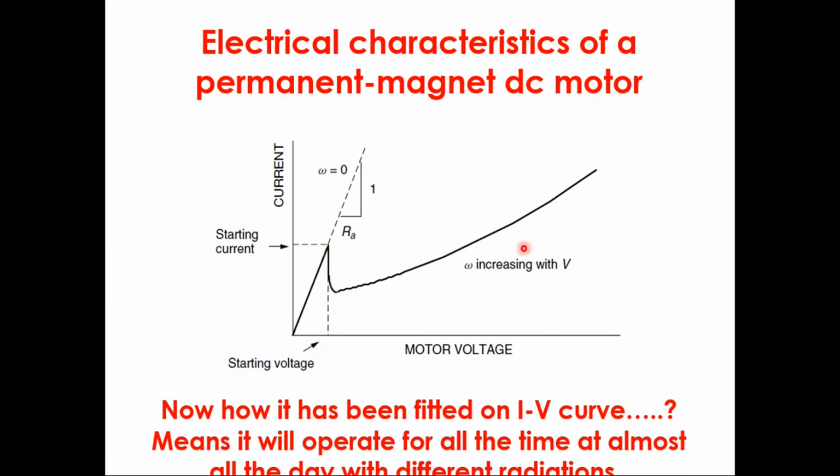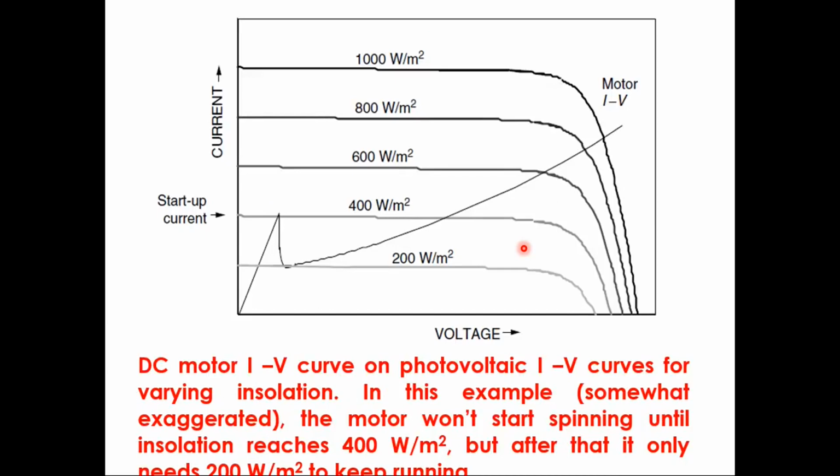So how can we fit this IV curve of the motor on the IV curve of the PV? Let's check. This is the case. Some startup current is required over here, and then the motor will start.